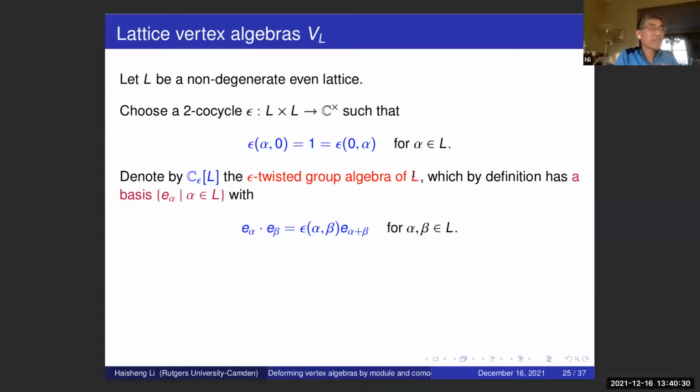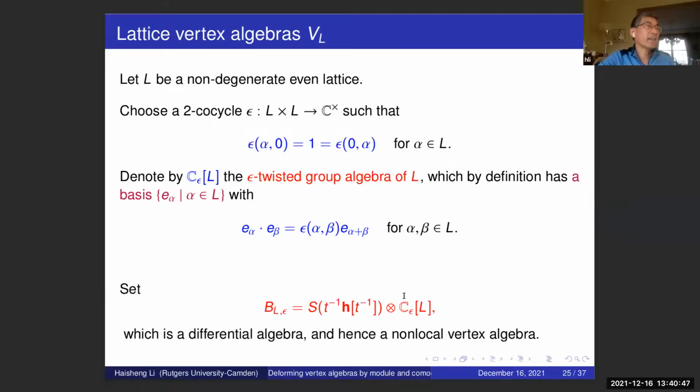And a lattice vertex algebra quickly, things all expert, I just pass. Okay. For lattice, I just want to say that for lattice algebra, we need this twisted group algebra for L. On the other hand, we have the Haisheng algebra stuff.